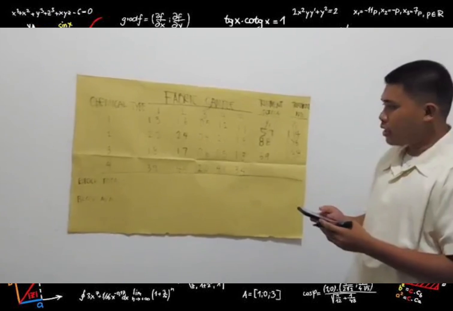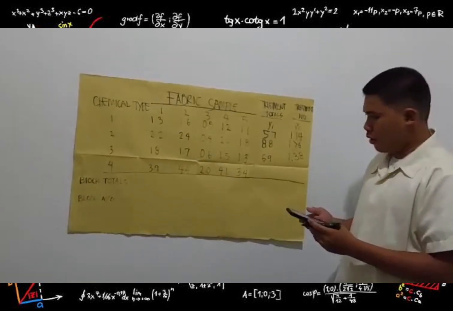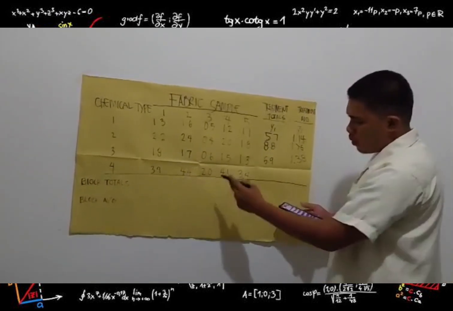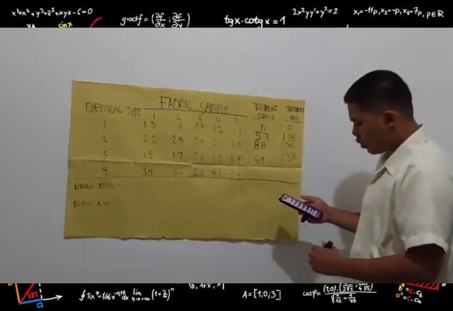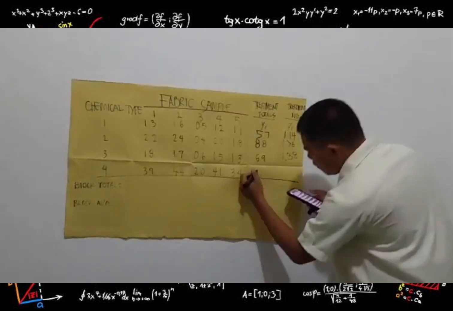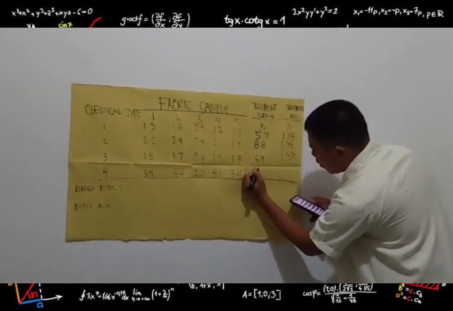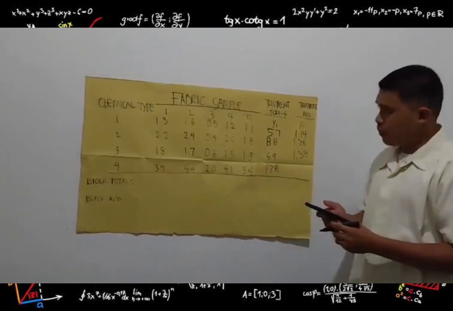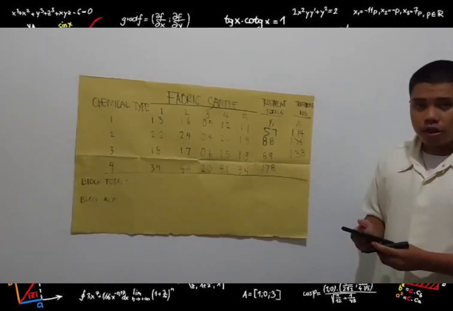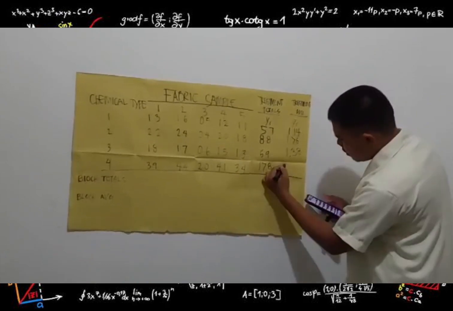And lastly, on chemical type number 4, we also add 3.9, 4.4, 2.0, 4.1, and 3.4, which is equal to 17.8. And also divide it by the number of fabric samples, which is 3.56.